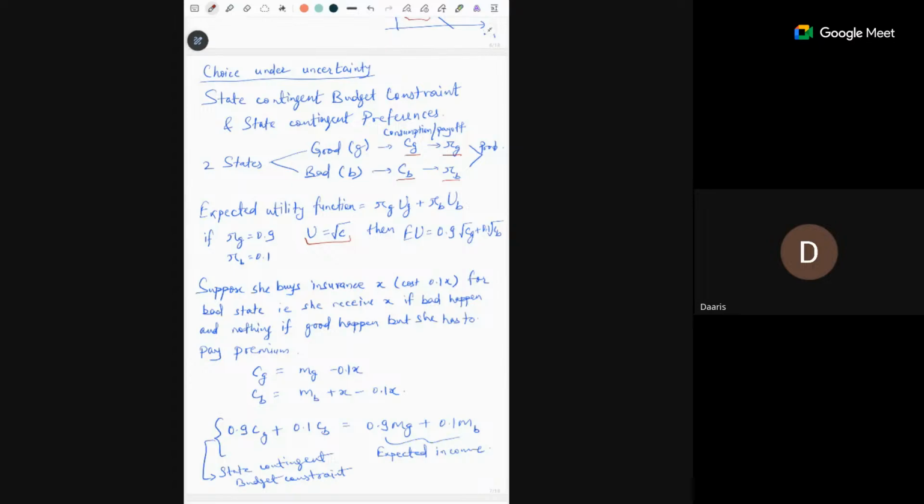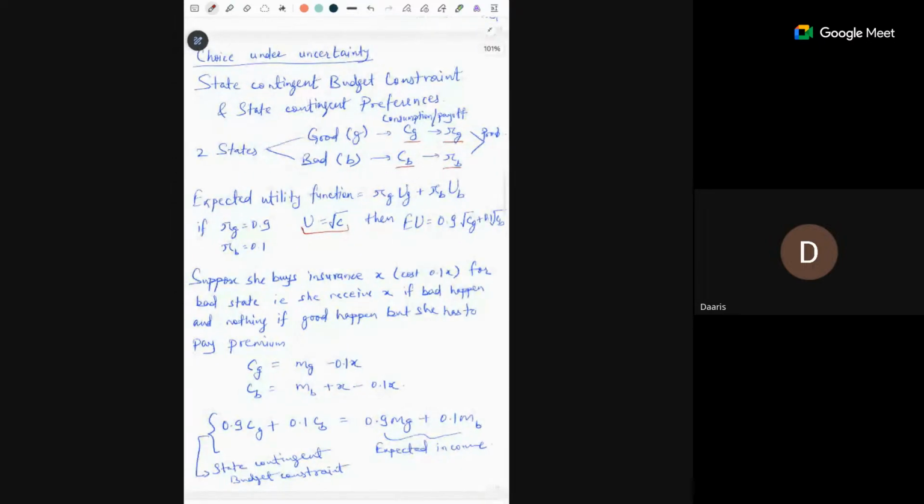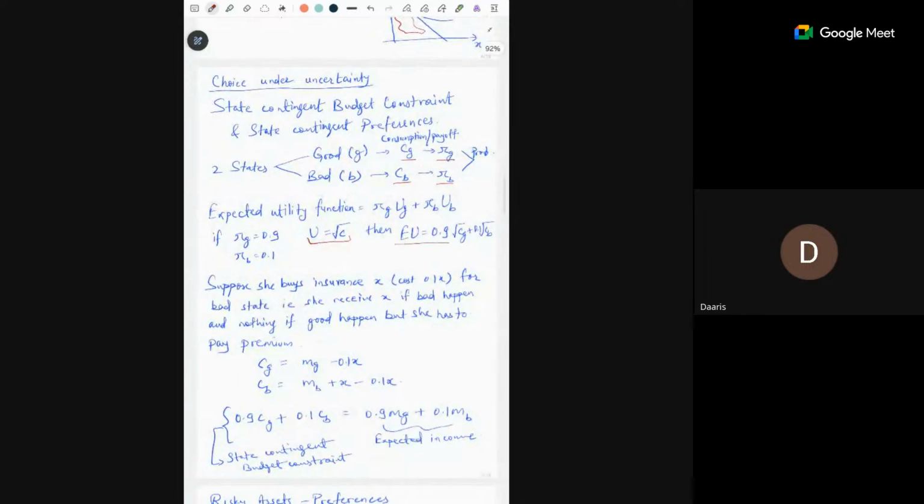If this is the utility function, then the expected utility will be 0.9 times the square root of CG plus 10% times the square root of CB. So in the case of uncertainty, we have to use the expected utility function and the state contingent budget constraint.